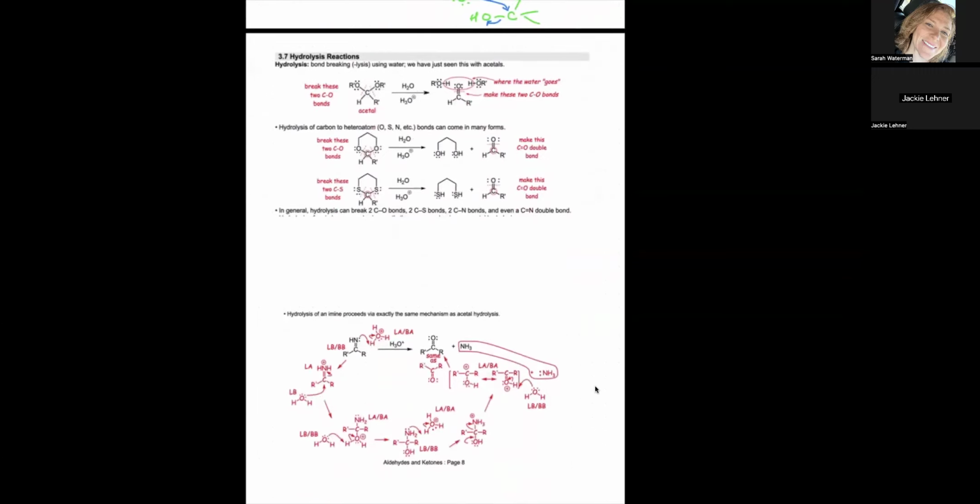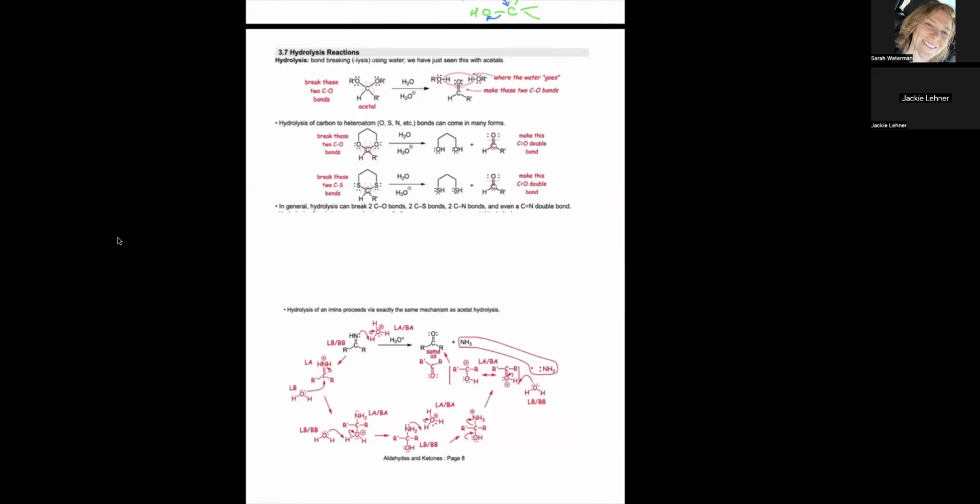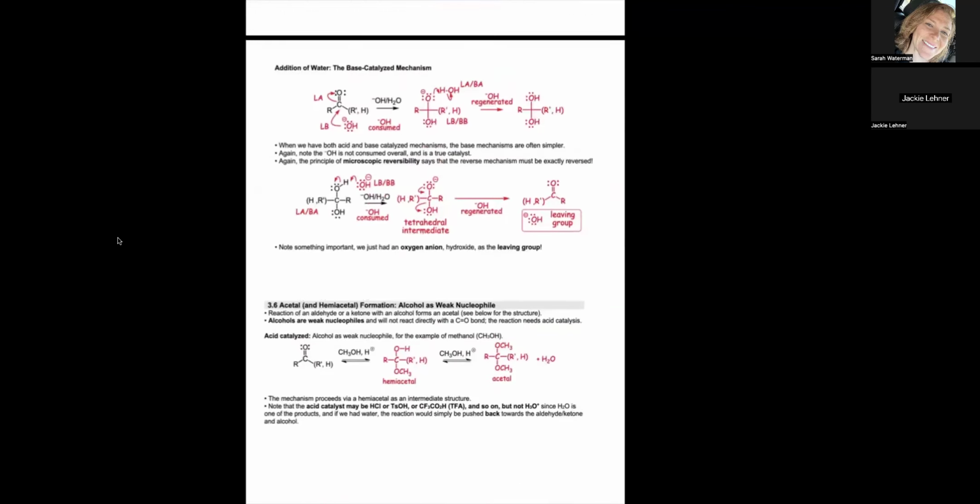A hydrate is something that has water, or some constituent of those elements in it, so that you can get water. Do you have a specific example? Yeah, it's on page 4 of aldehydes, section 3.4.